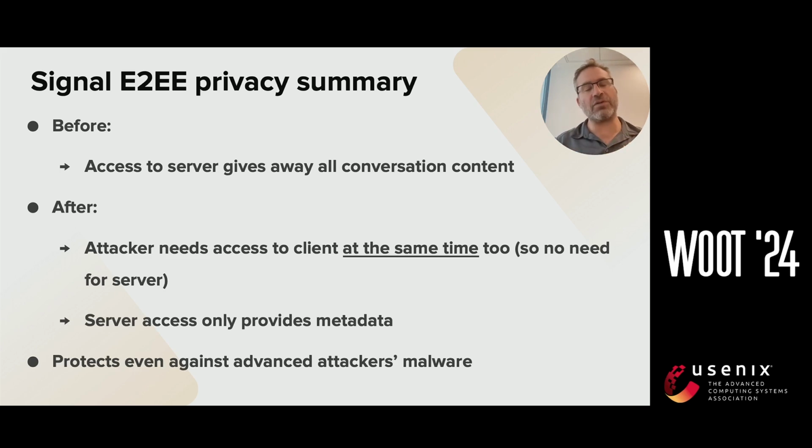Of course, server access still provides access to metadata, who talked to whom and at which times and so on, which is also important, but not access to content. And this privacy upgrade protects even against advanced attackers' malware, which is very impressive, I would say.